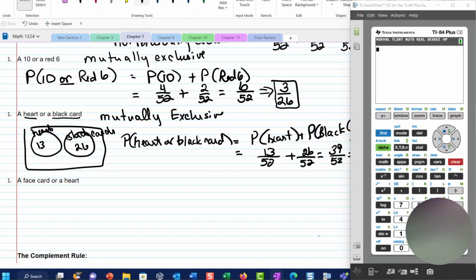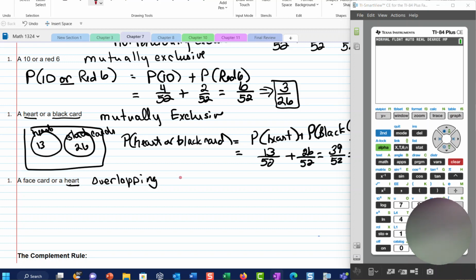Now here we have one that's overlapping. And the reason this is not mutually exclusive is because it's got face cards and a heart. A heart, there is 3 that are a heart.